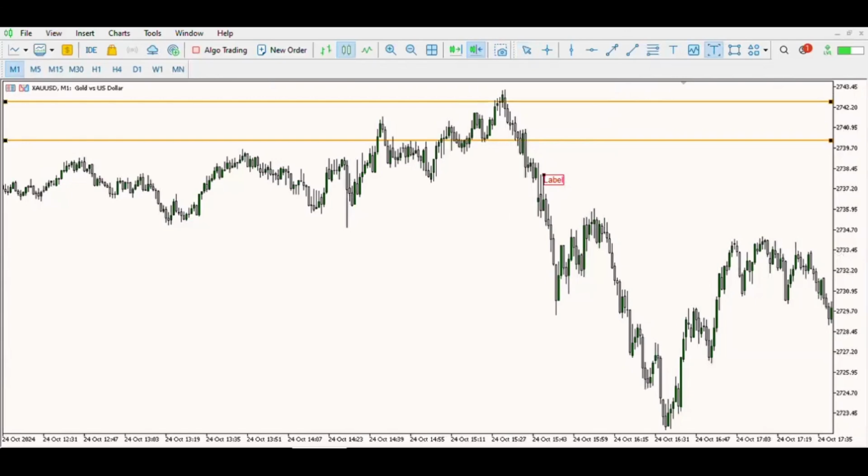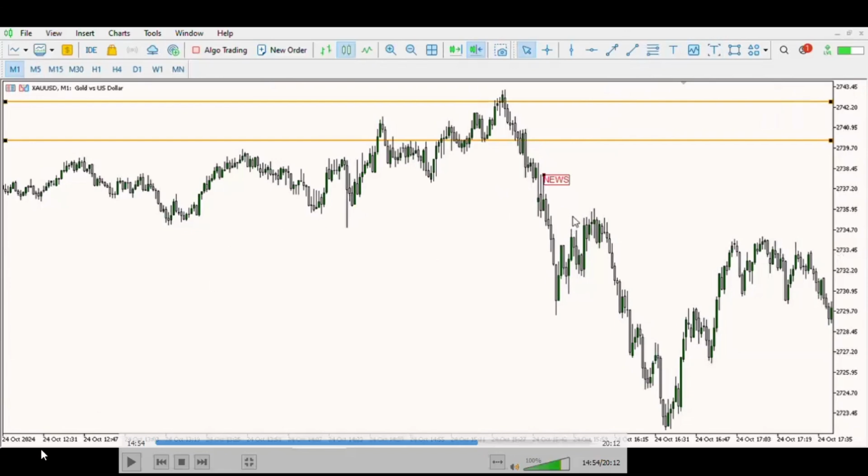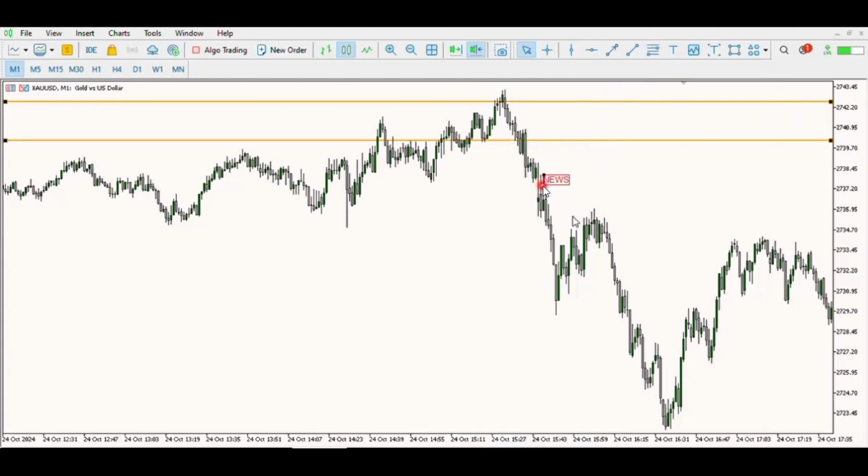Looking back to this level, it's where yesterday the New York session's trade was given. So marking that level, we realize the entirety of the second hour of London, we were just working towards that level, coiling underneath.